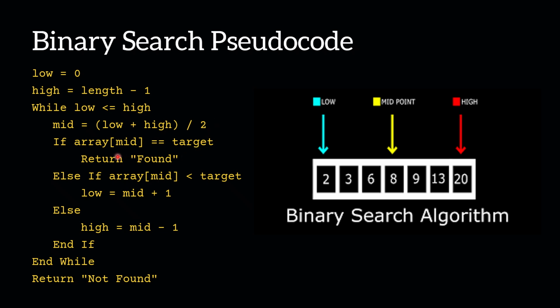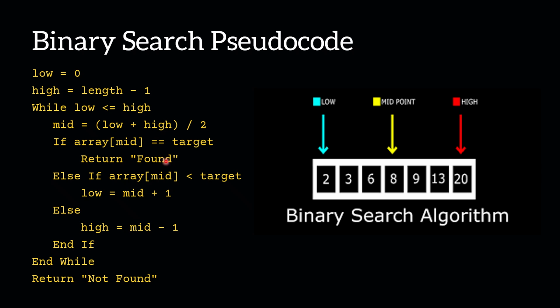Now the next line is to compare the middle value to the target. This is the first check. If the value at the middle matches our target, then we're done. Binary search is designed so that if the target is present, this condition will eventually be true, meaning that it's found.